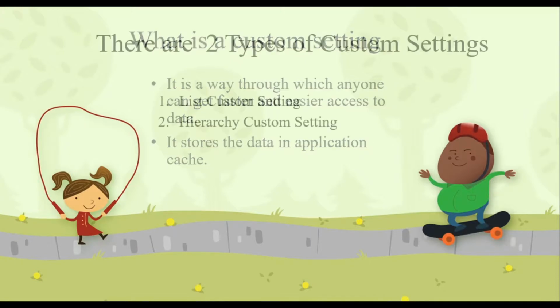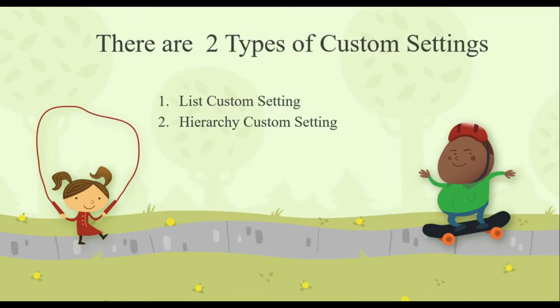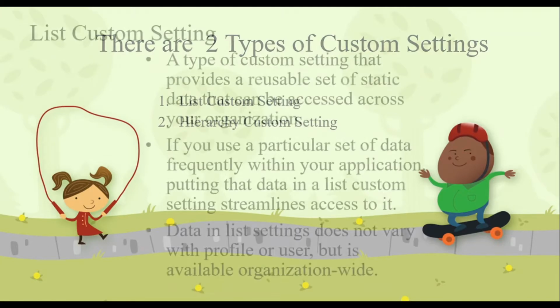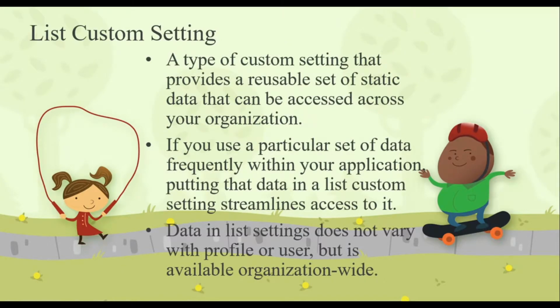Basically, there are two types of custom settings provided to us. First is the list custom setting and another one is the hierarchy custom setting. A list custom setting provides a reusable set of static data. Remember, it is static data that can be accessed across your entire organization.